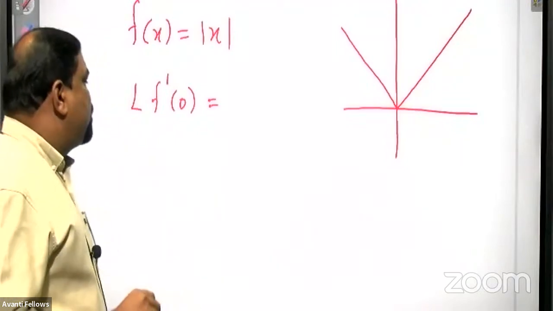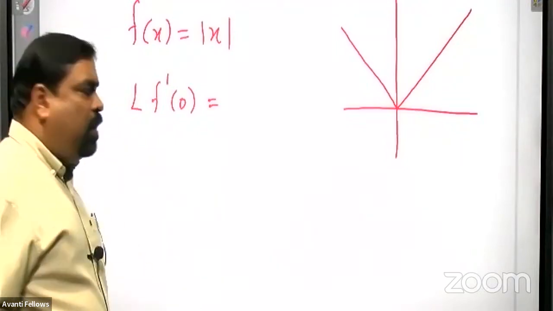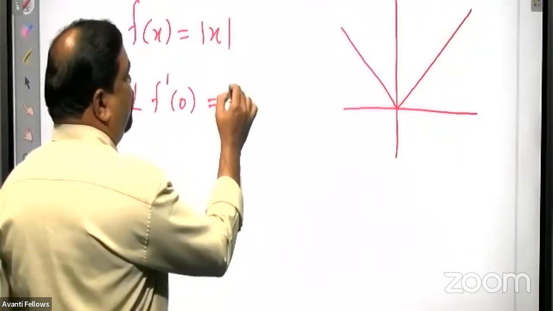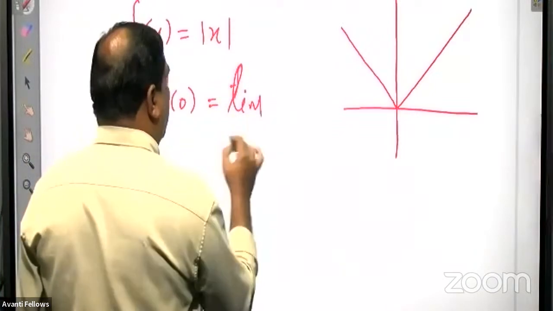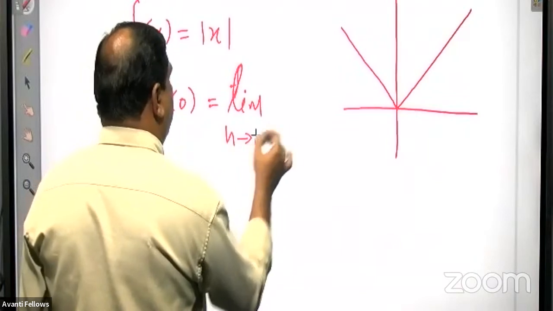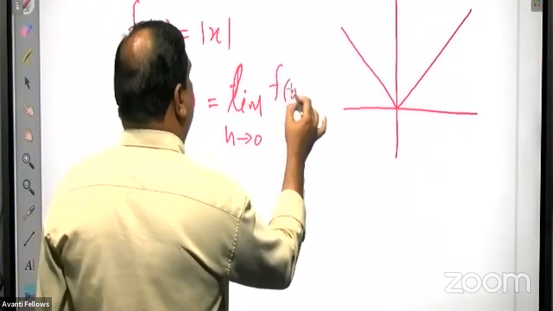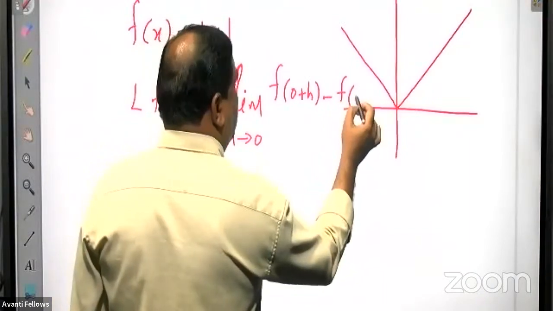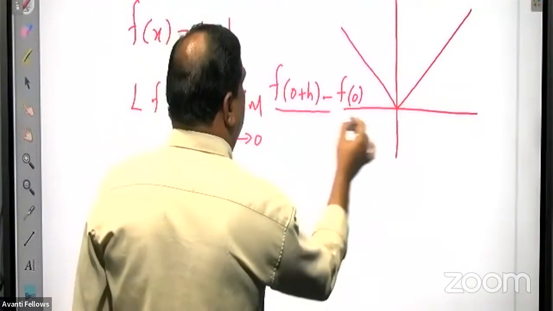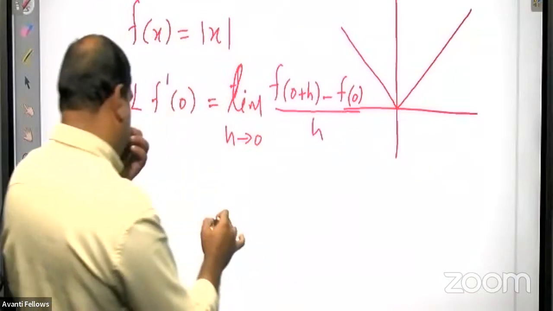So let us consider the left-hand derivative at the point 0. By definition, this is the limit h tends to 0, f of 0 plus h minus f of 0 divided by h.